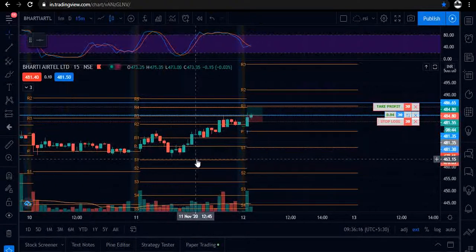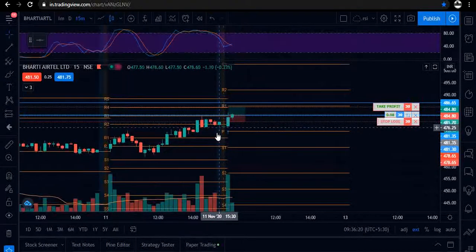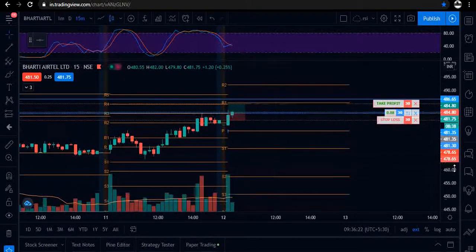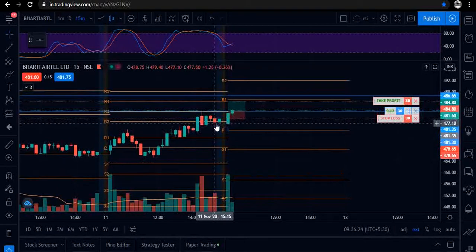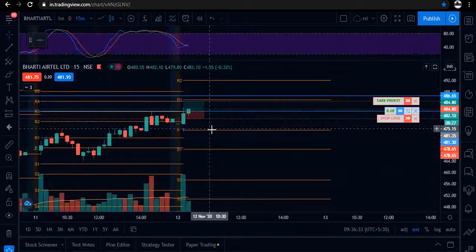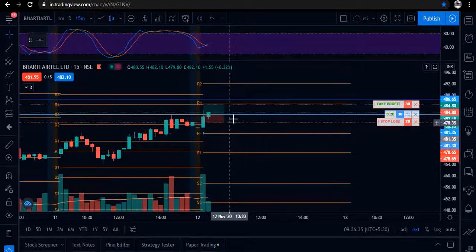Traders, here you can see a good momentum came in Bharti Airtel and it closed near the upside. A good momentum was seen yesterday and it closed near yesterday's high. So we think that if it crosses yesterday's high, then it will go upwards.